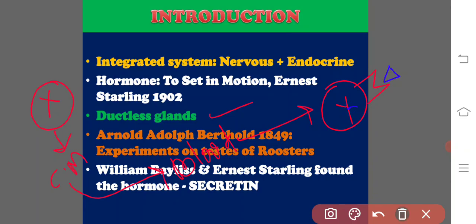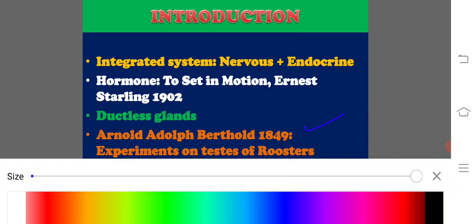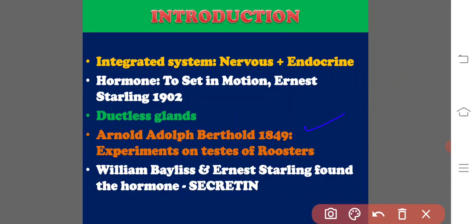And coming to the next point, Arnold Adolf Berthold in 1849 did experiments on chicks by removing their testicles. In the presence of testicles, they become roosters.